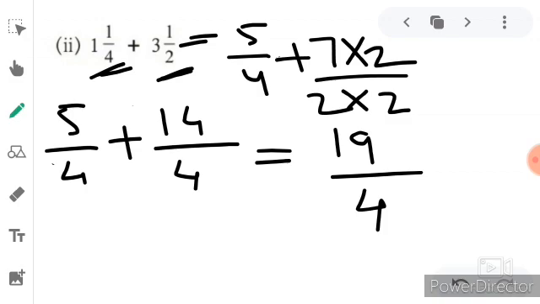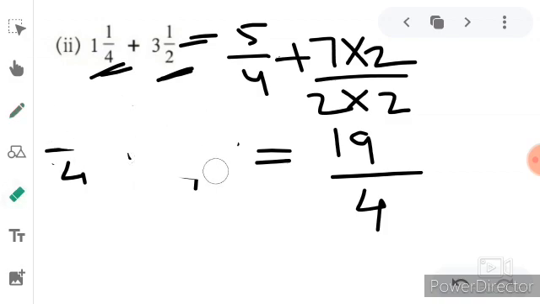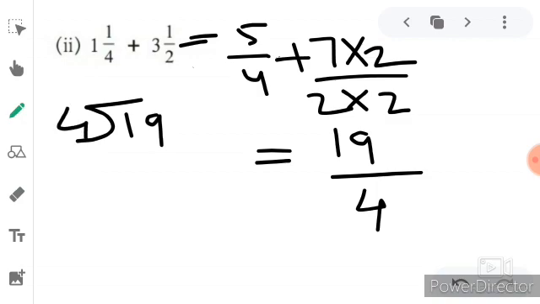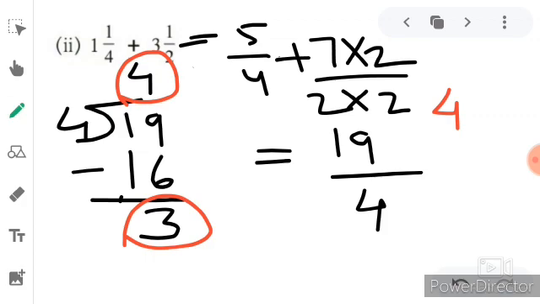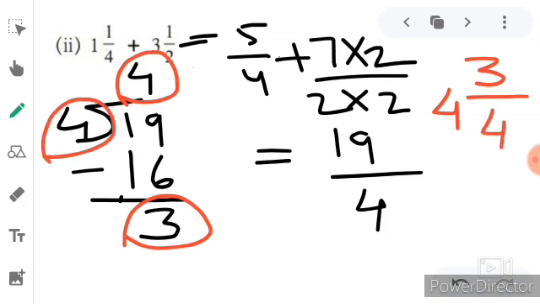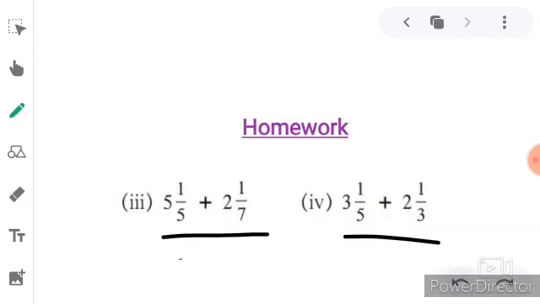Now we can also convert this answer into a mixed number. So divide 19 by 4. 4 4s are 16. So our remainder is 3. Now arrange the numbers. Quotient 4 as the whole number, then the remainder as the numerator and the divisor as the denominator.